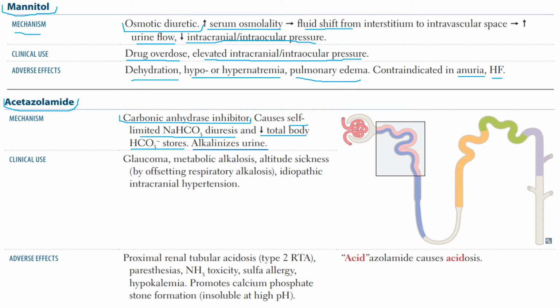It is used in glaucoma, metabolic alkalosis, altitude sickness, and idiopathic intracranial hypertension.